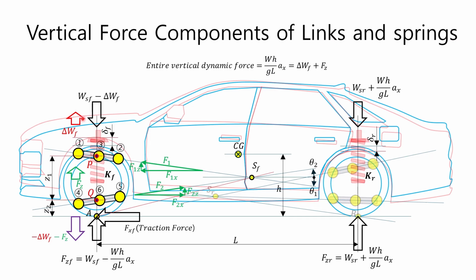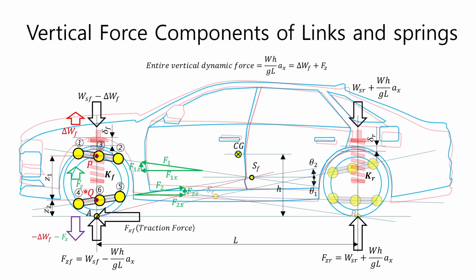A positive delta WF indicates that the vertical dynamic load acting through the spring acts vertically upward, and a positive FZ similarly indicates that the vertical dynamic load acting through the links acts vertically upward.